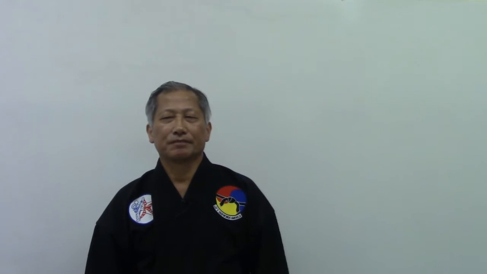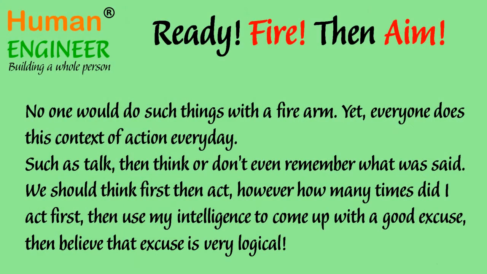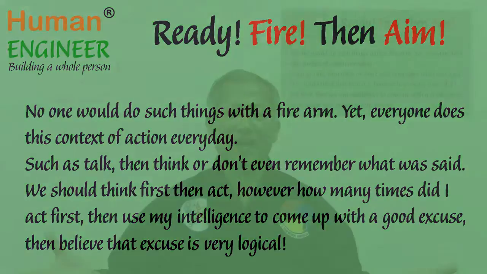The reason is this. Here's a little funny statement: ready, fire, then aim. No one would do such a thing with a firearm, but every human does this in life every day, such as talking, then thinking, or not even remembering what we just said.